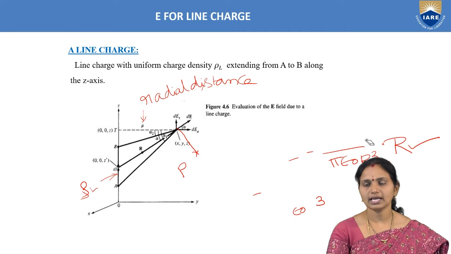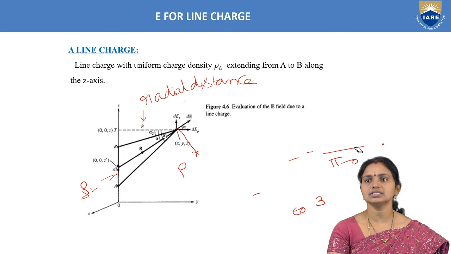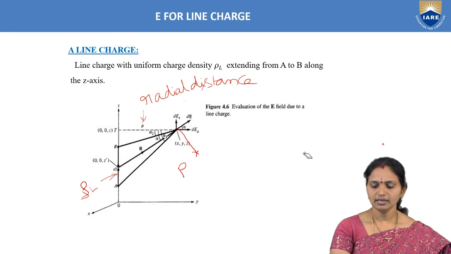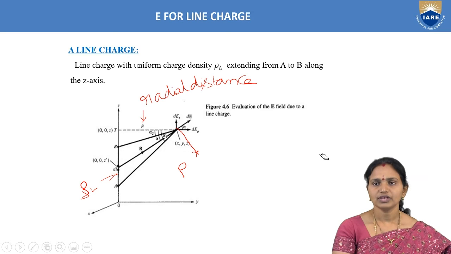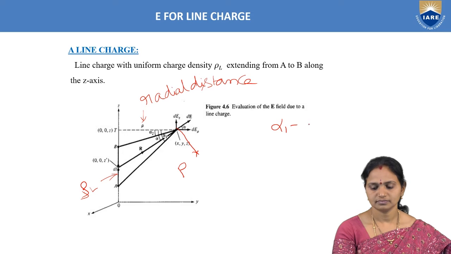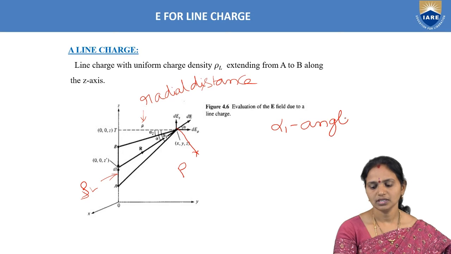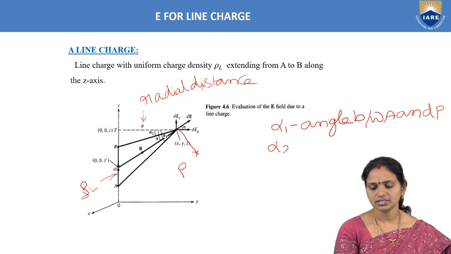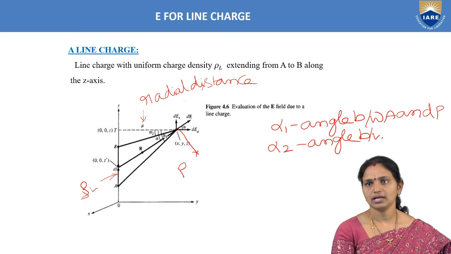Here the starting point of the line charge is A, where alpha 1 is the angle made by point A to the field point, the angle between A and P. Similarly, alpha 2 is the angle between B and point P.